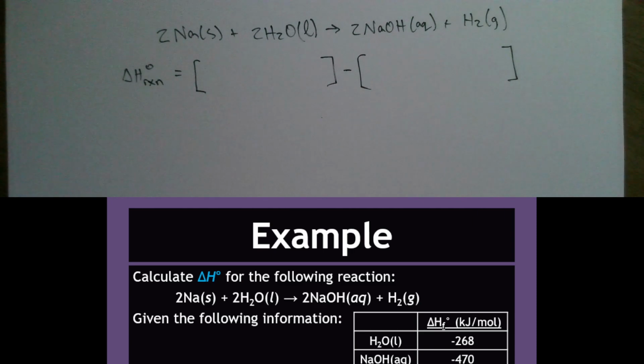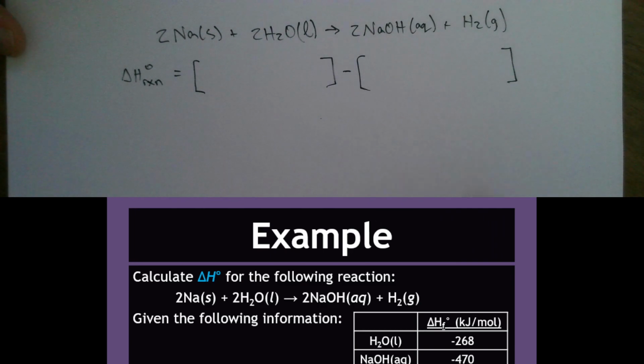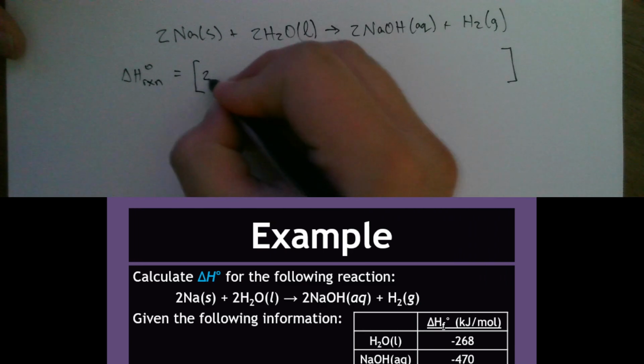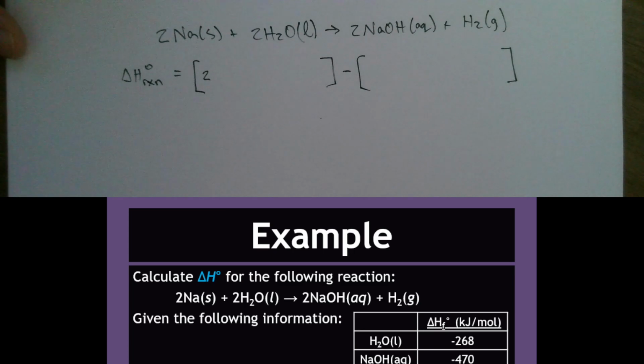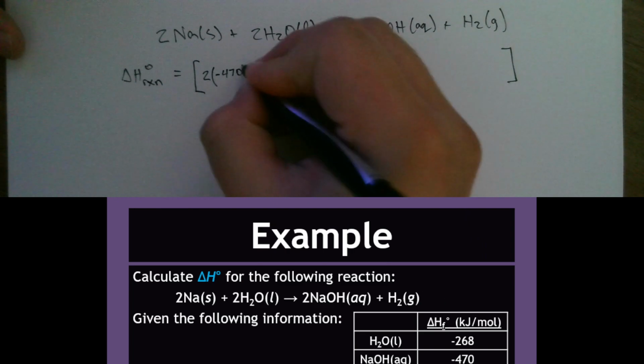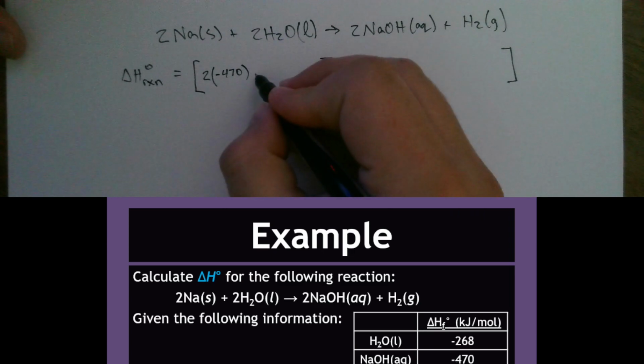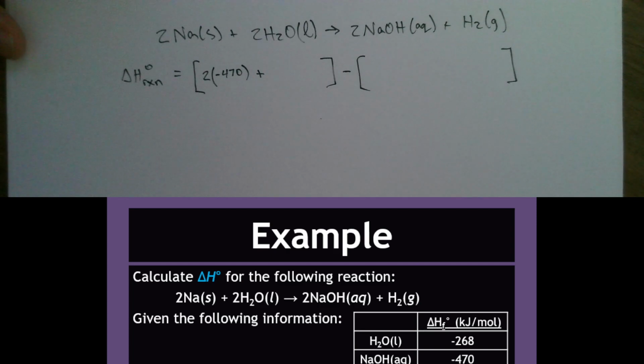So I'm just going to start with my products. So NaOH is first. That has a 2 in front, so I have to multiply by 2. Okay, because I'm making 2 of these. NaOH's number is negative 470. Okay, just go to the table, find its number, negative 470. Plus, because I'm summing together all the different products.